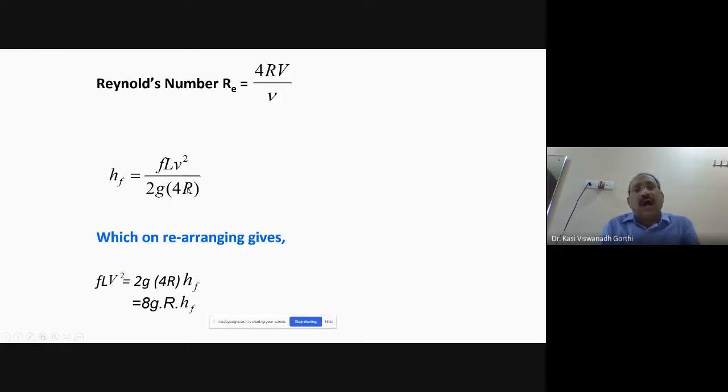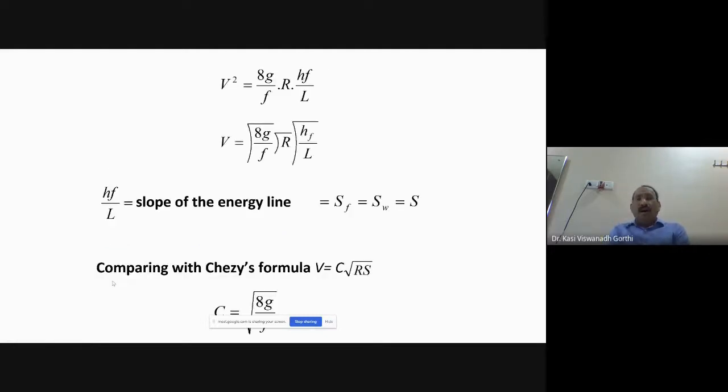Substituting that and on rearranging the terms, V square will be equal to 8g by f into R into hf by L. Taking the square root on both sides, V will be equal to square root of 8g by f, square root of R, into square root of hf by L.